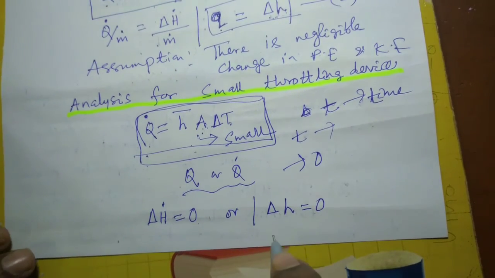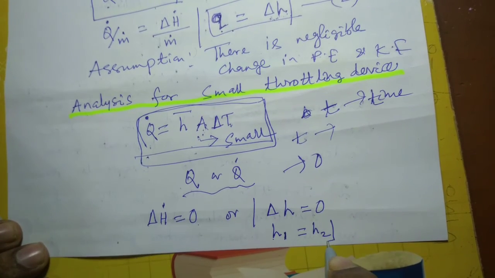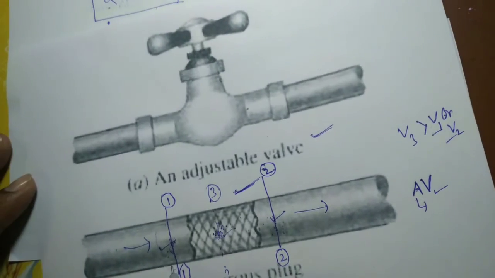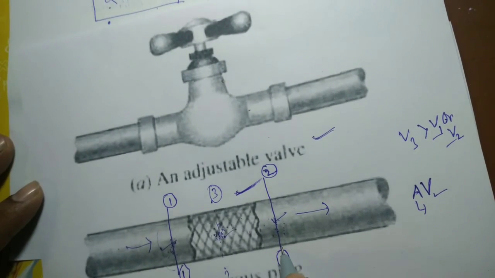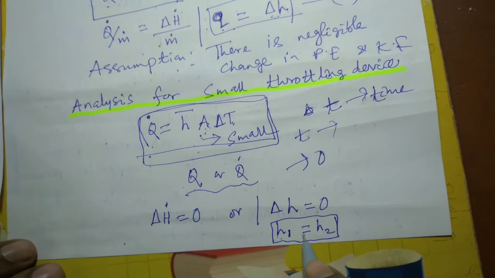Small delta H equal to 0 means H1, the specific enthalpy at the inlet section, is equal to the specific enthalpy at the outlet section. Here, the specific enthalpy at upstream is equal to the specific enthalpy at downstream. That means H1 is equal to H2.